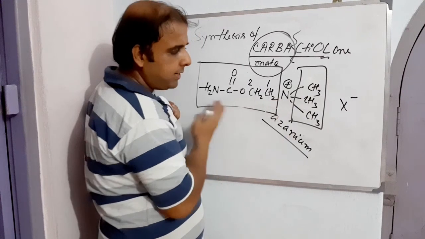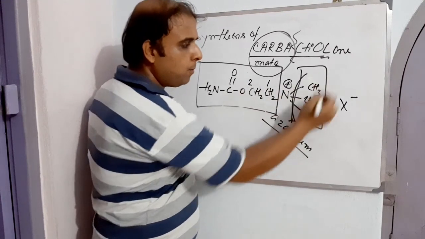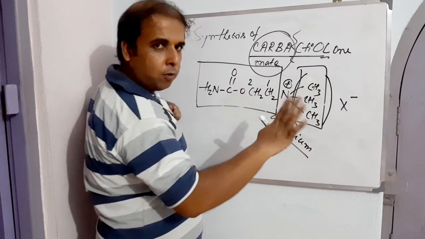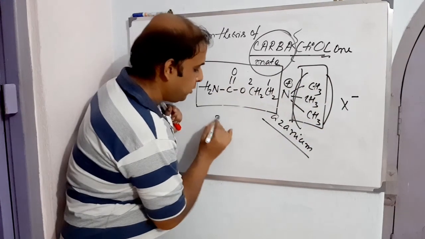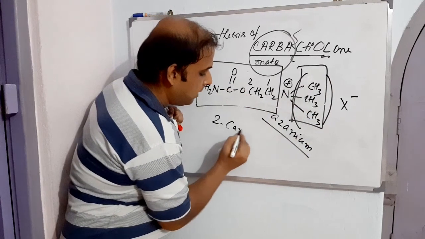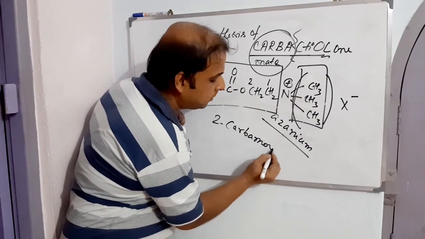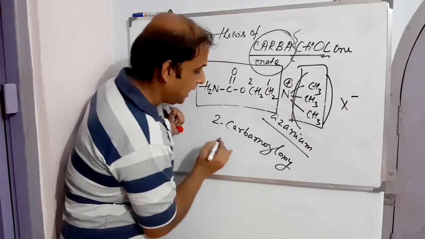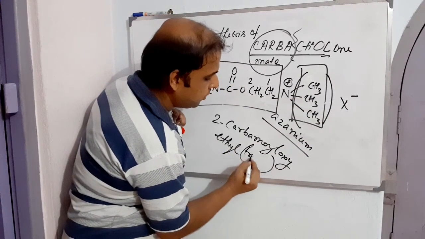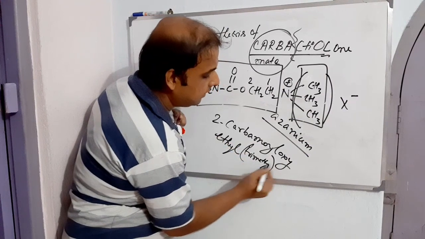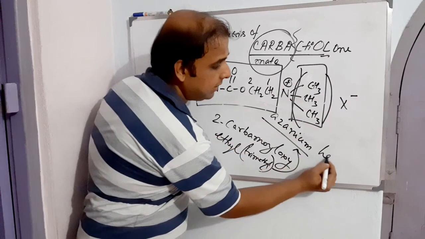We are done with this half. Coming to this half, it should be in bracket, that means trimethyl over, and then azanium halide. So likewise, this is 2, then carbamoyloxy, then ethyl, then trimethyl, then azanium, and then halide.